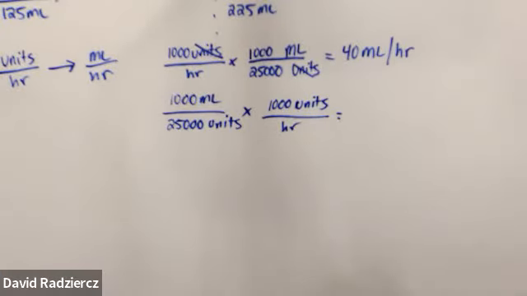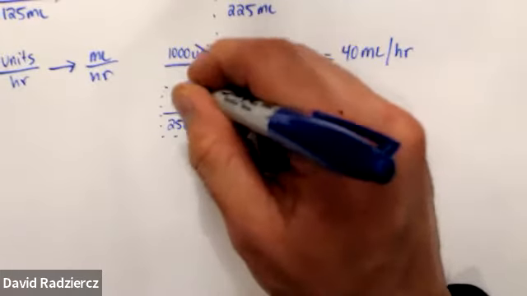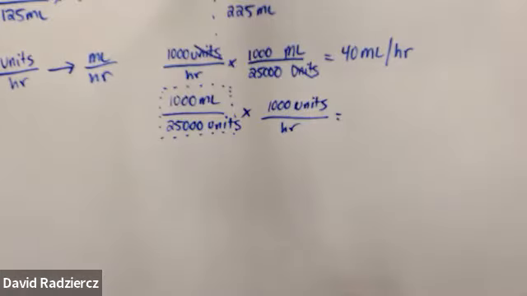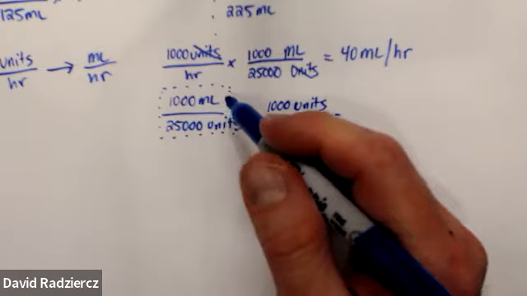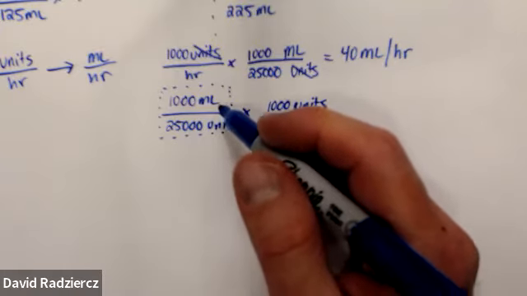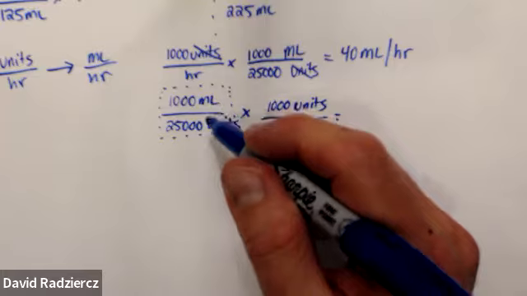That won't change anything, but it is important to know that these two pieces of information, the 1,000 milliliter IV with the 25,000 units of heparin, need to stay together. Just like the IV, you can't separate the heparin from the normal saline once it's in there. They're all mixed together. So we just have to keep it together.